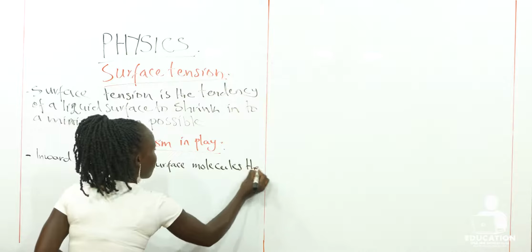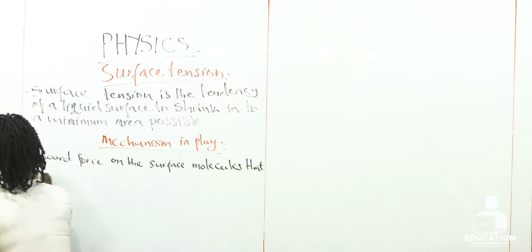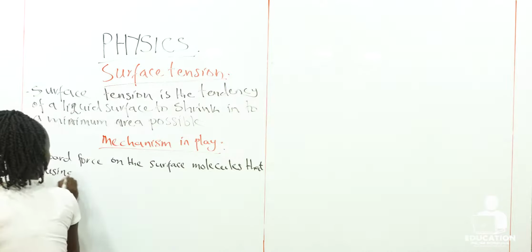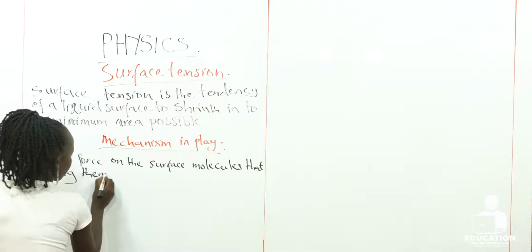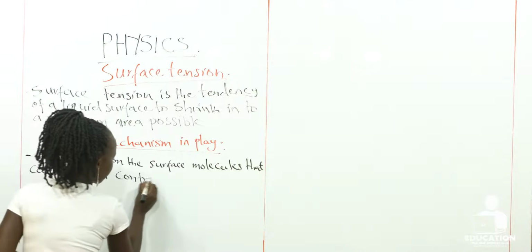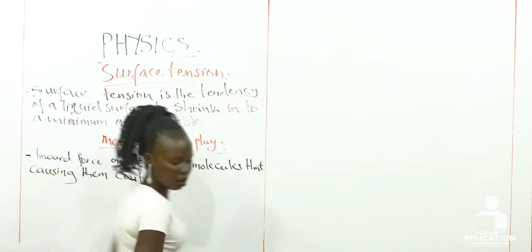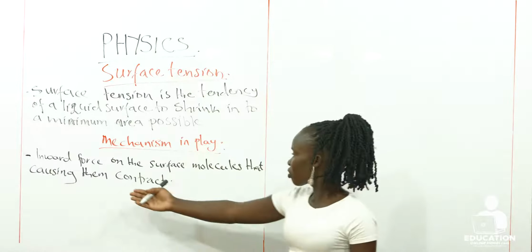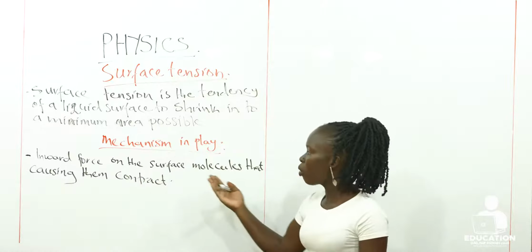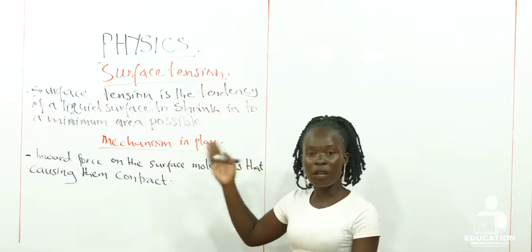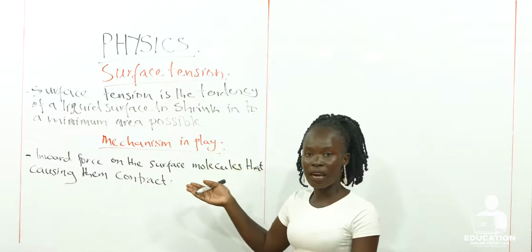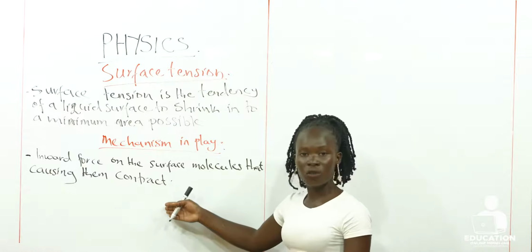This inward force causes the surface molecules to contract. We are going to see how an inward force on the molecules on the surface of a liquid can cause the liquid to contract.